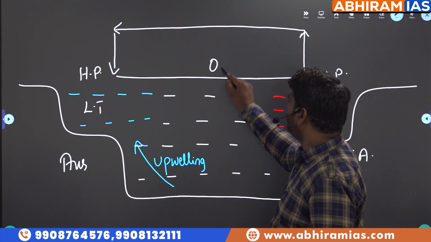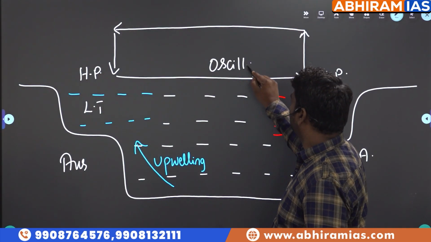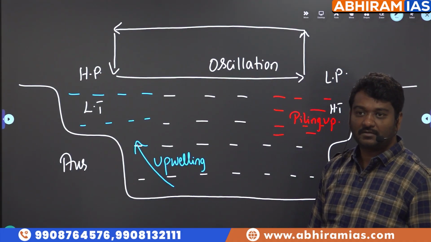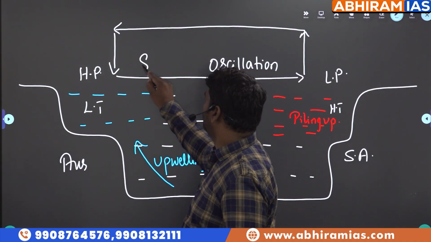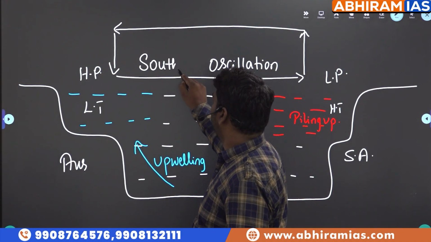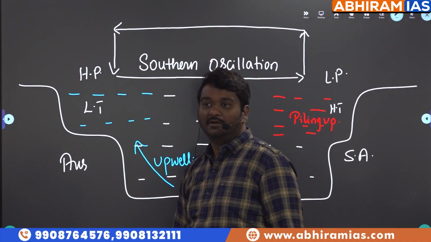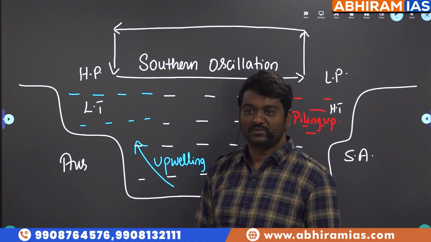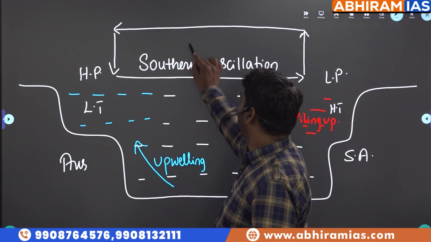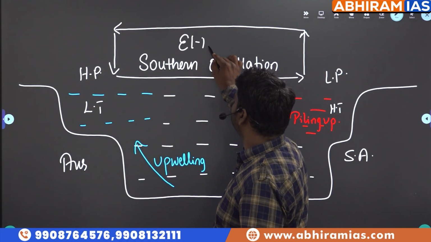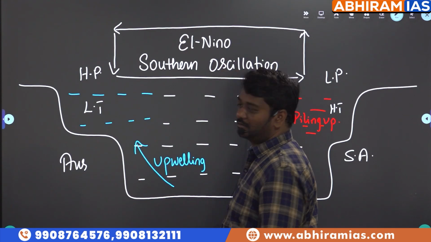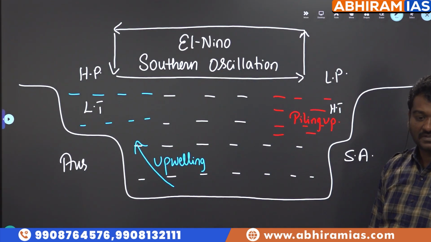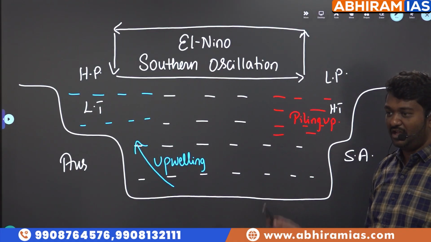So what is it called? Which hemisphere? Southern. December 22nd, 23rd, closer to Christmas. Child Christ. Okay. What is it called? El Nino Southern Oscillation. ENSO.